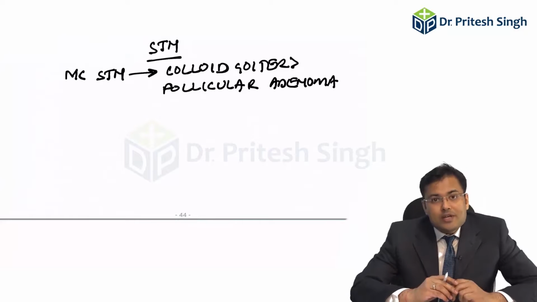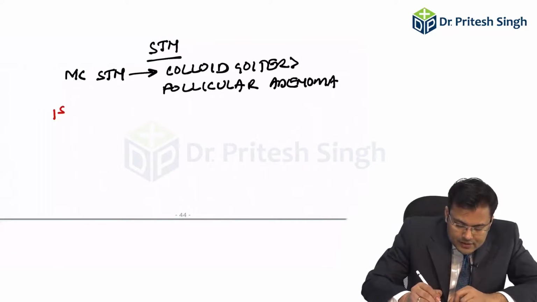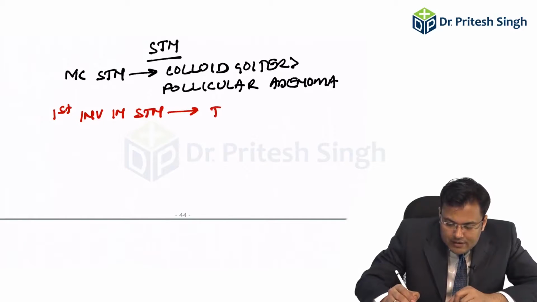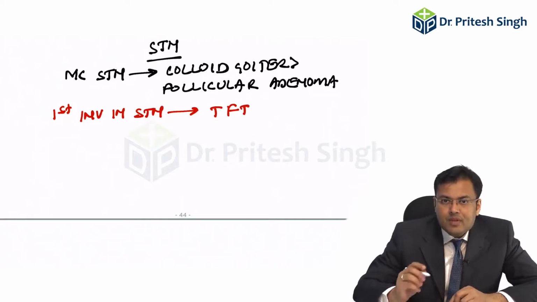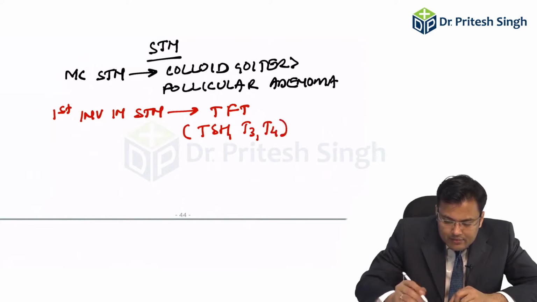Questions are asked, what is the first investigation done in solitary thyroid nodule? The first investigation done in solitary thyroid nodule is thyroid function test. What are the components? There is TSH, there is T3 and there is T4.